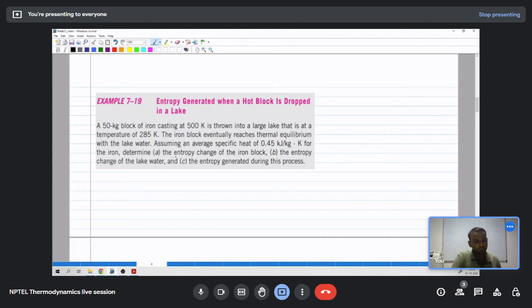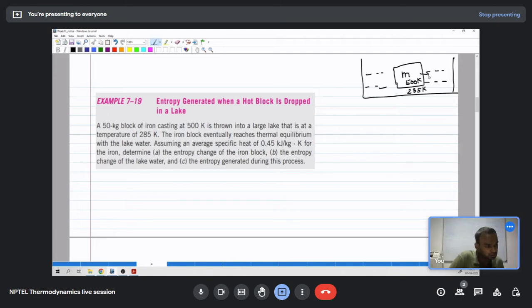So we have a mass of iron at 500 Kelvin, and this is put in a lake water, and this lake is at 285 Kelvin.